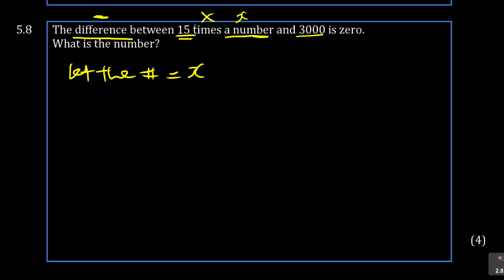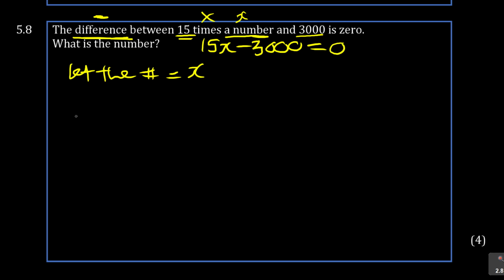So what is 15 times a number? It is 15 times x, which is 15x. They are saying the difference, which is minus, between 15 times a number and 3000 is 0. What is the number?